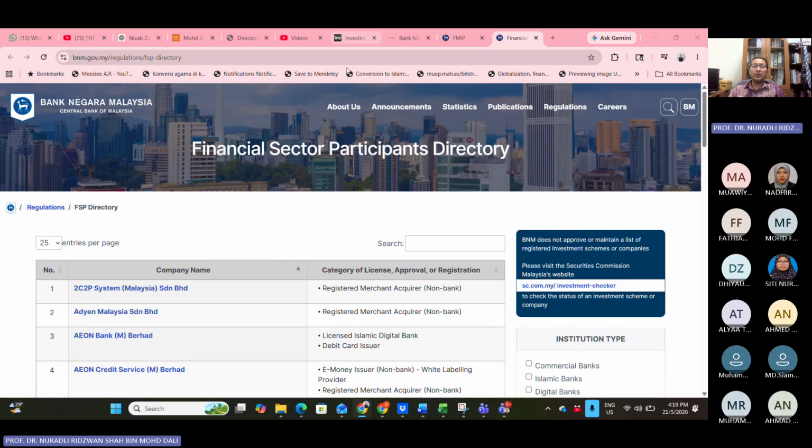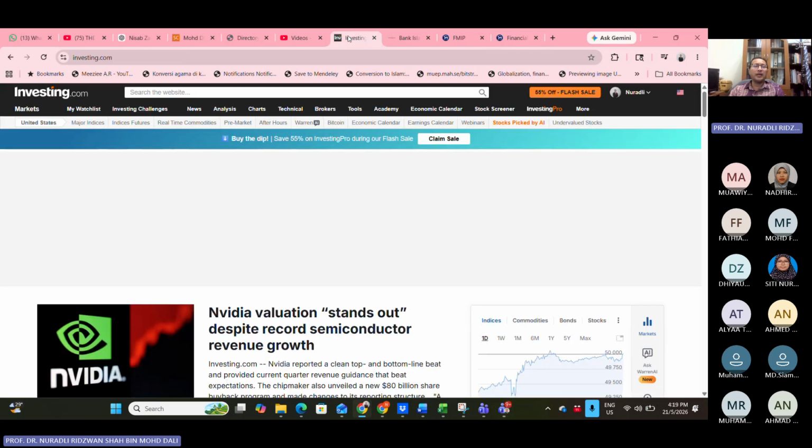But you can also look at investing.com, under the bond market.